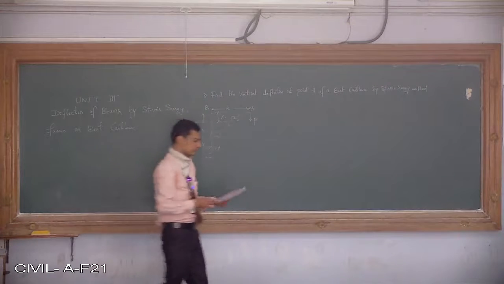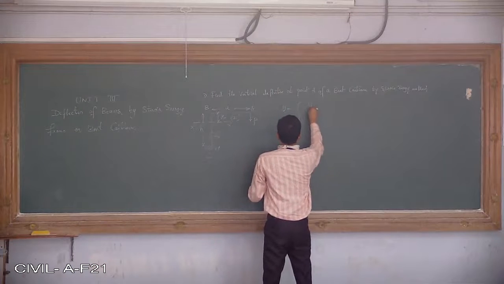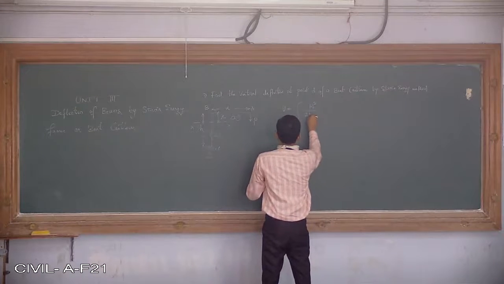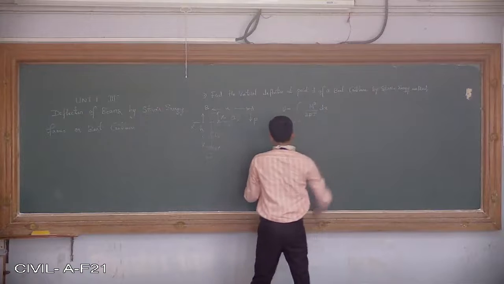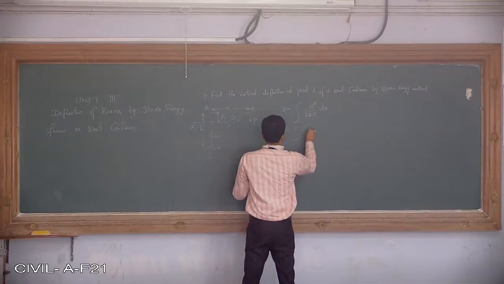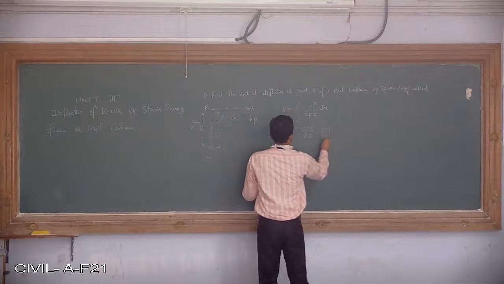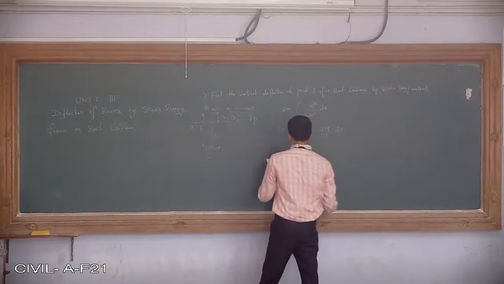So for strain energy, we have the equation: integration of M squared divided by 2EI dx. If you open it, it is 2M by 2EI dou M by dou P dx.